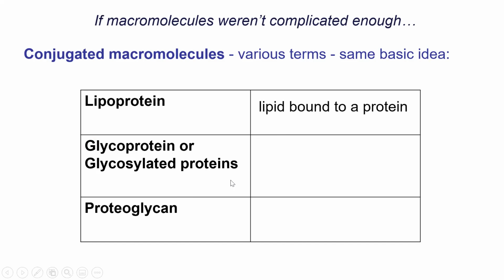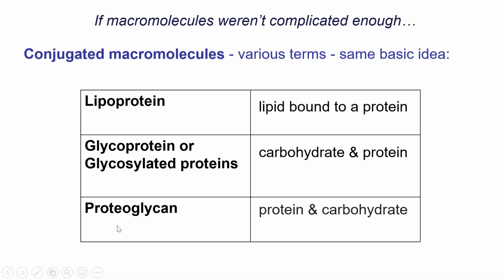So you could have a glycosylated protein or a glycoprotein, and that would be a protein with carbohydrate added to it. On the other hand, you could have a large carbohydrate with a small protein added onto it, and that's something called a proteoglycan. So if you ever see these words, like I said, this is kind of how the English language works. Sometimes we mix and match things, and you end up with something that's new, and these would be considered complex or conjugated macromolecules.